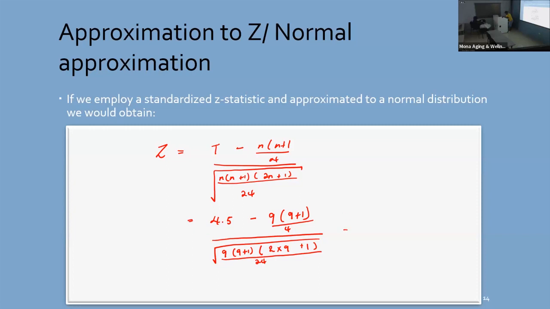So the numerator: we know that this part is 22.5 because we did it already. So it's 4.5 minus 22.5.